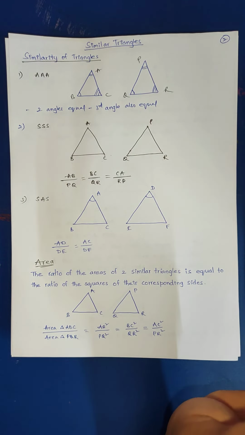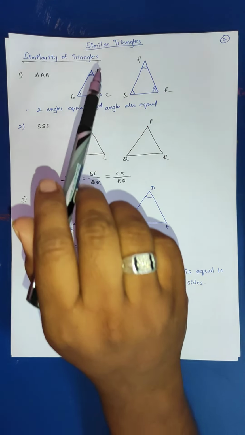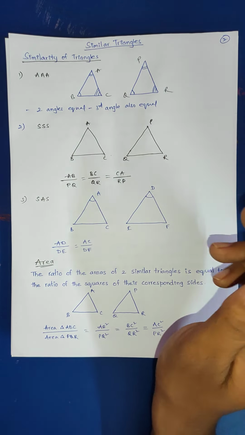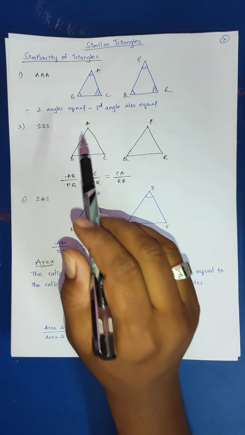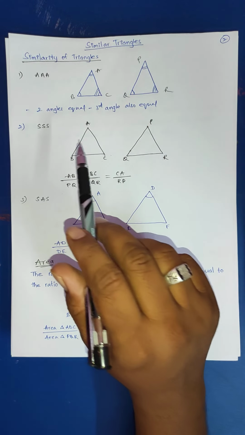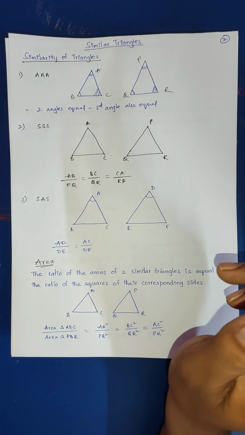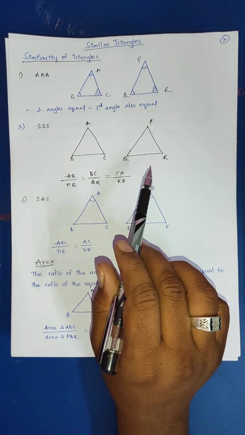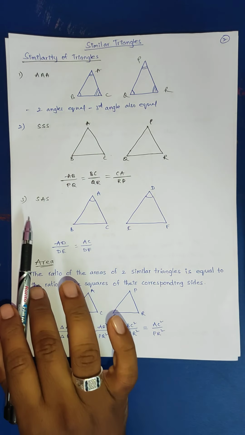That is congruency. But similarity means the numbers are different but the ratio is the same, corresponding sides are in the same ratio. Then we can say that these two triangles are similar to each other.